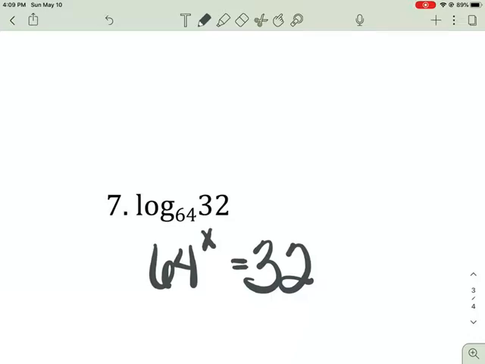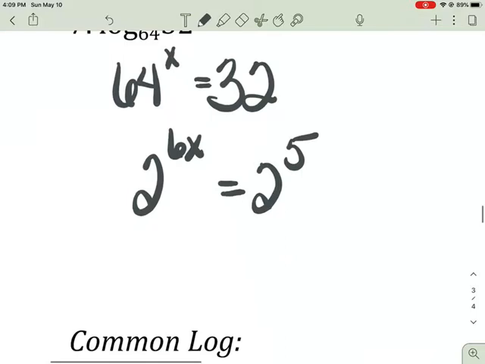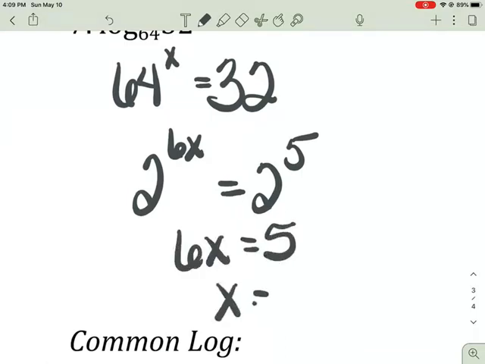I don't see a relationship here, but I do know that these are powers of 2. So 64 is 2 to the 6th, and 32 is 2 to the 5th. So now I'm going to do 6x is equal to 5. x is equal to 5/6.